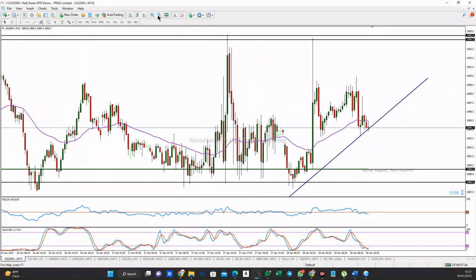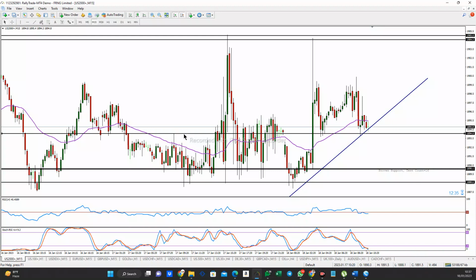Now for the sell, for the scalpers, if you want to take a temporary sell, if price is able to break and close below this trend line, you can draw a line. Let's draw a line. There's a kind of support around there.